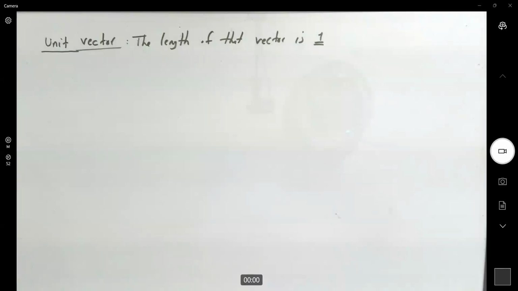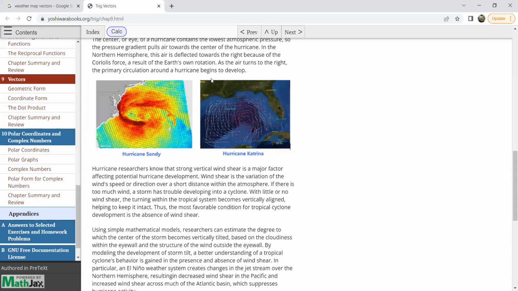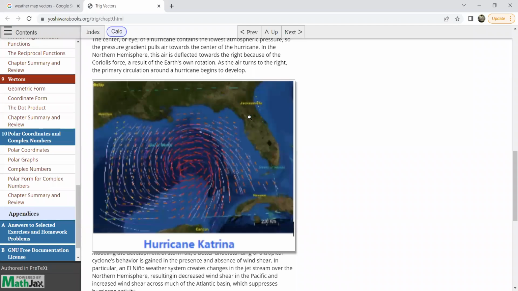Hurricane Sandy, as you can see here, you have a lot of small little arrows, these small little vectors representing the behavior. We don't have a very long vector here. All of these vectors are scaled. They have smaller size or magnitude. One way to scale these vectors is to use unit vectors.